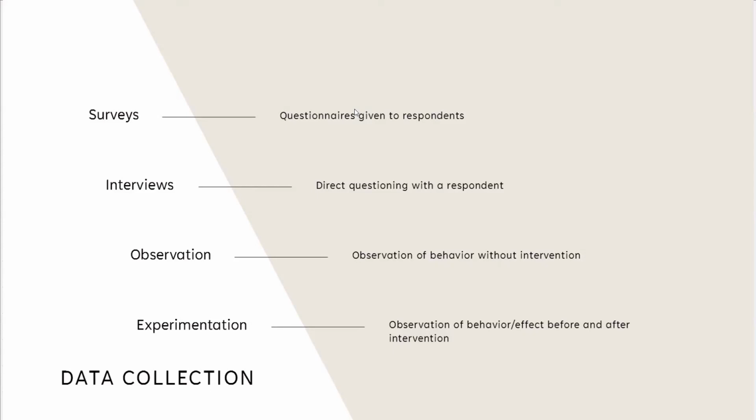And lastly, experimentation. This is observation of behavior or effect with the identification of whether there would be changes in the results before a certain treatment or after a certain treatment, or what we consider as the intervention in our study.